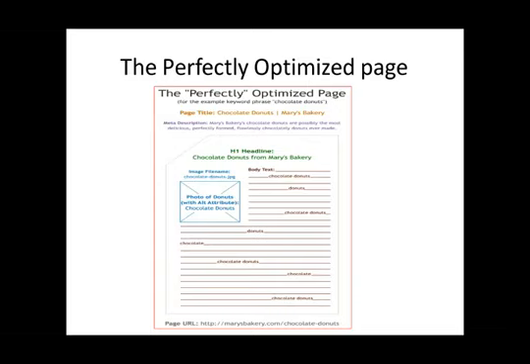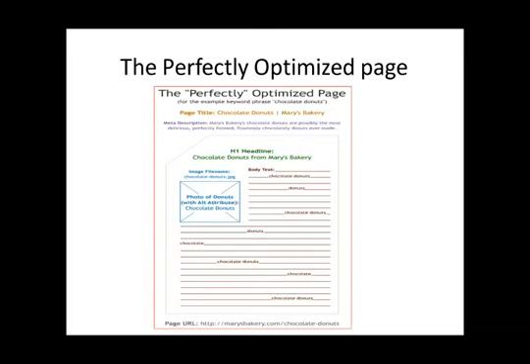This is well under the limit of 155 characters, which is under the Google Webmaster Guidelines. The headline is again neatly done. It reads chocolate donuts from Mary's Bakery, and then the body text has repetitions of chocolate donuts and all the related keywords.